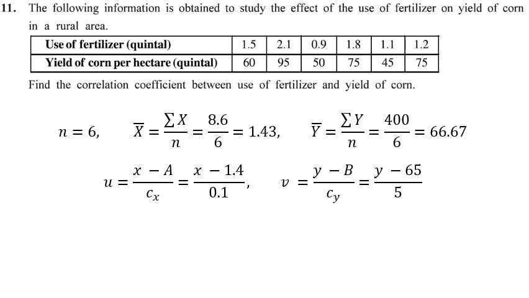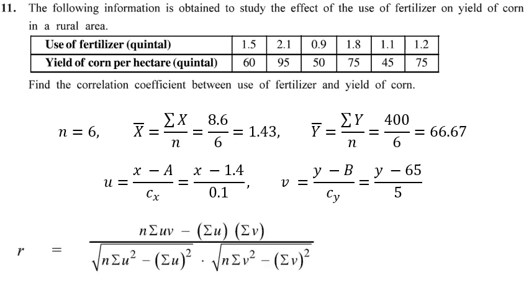The use of fertilizer is multiplied with 10 while yield of corn per hectare is divisible by 5. So I am dividing the v by 5. Once again u will be x minus 1.4 upon 0.1 and v will be y minus 65 upon 5. I have taken 65 because the value should be divisible by 5. That's why I have taken 65 as the subtracting value.